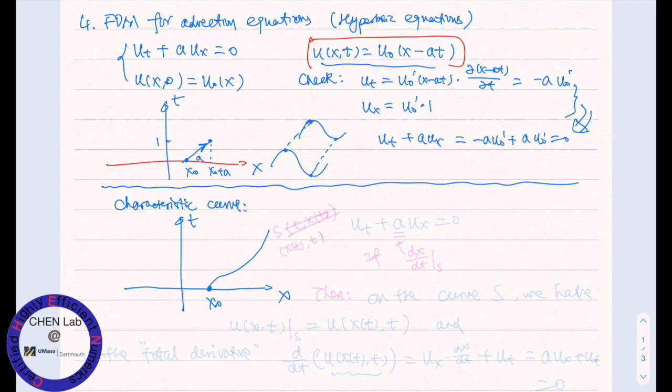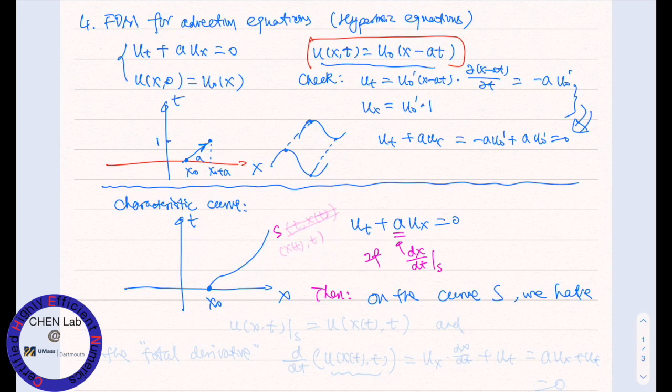The idea is that if you stare at the equation u_t + a u_x = 0 for a long time, the trick is to look at this a and make it equal to dx/dt along that curve S. What is this curve?